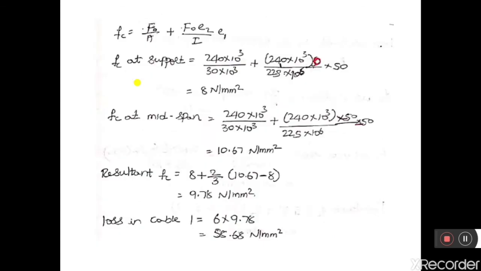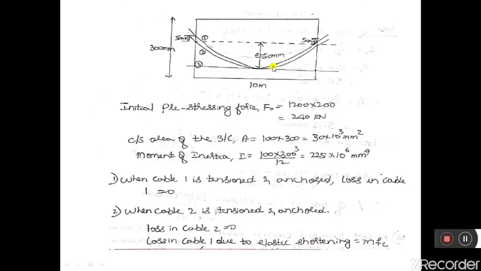Now let us consider cable 2. What is the loss of prestress in cable 2 due to elastic shortening? That is M into Fc. Here, when I consider cable 2 and 3, cable 3 is being pulled and anchored. Due to this there is a loss in cable 2. So now we are considering what is the loss in cable 2 due to the pull of cable 3.